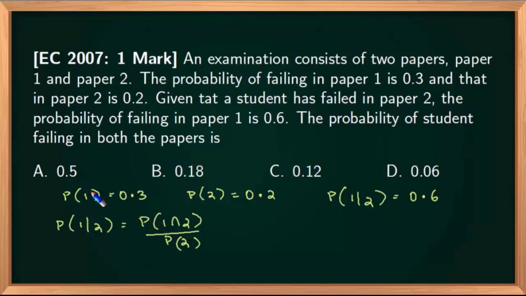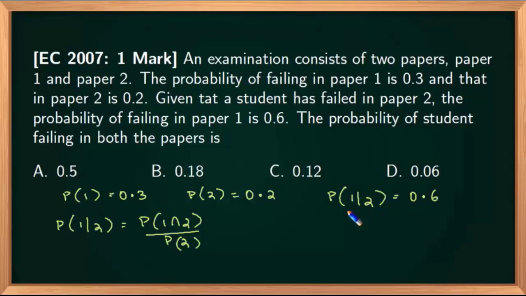So I have used the symbol 1 to denote the failure in paper 1, and 2 is the symbol for failure in paper 2. So P of 1 is 0.3 as given in the question. P of 2 is 0.2. And P of 1 given 2, given that the student has failed in paper 2, the probability of failing in paper 1, is 0.6.